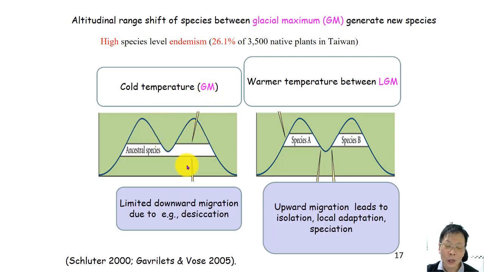During the warmer interglacial periods the temperature became hotter and species migrated back to the mountains, creating different species. So in Taiwan, 26%, one quarter of species, are native only to Taiwan, which means high endemism.